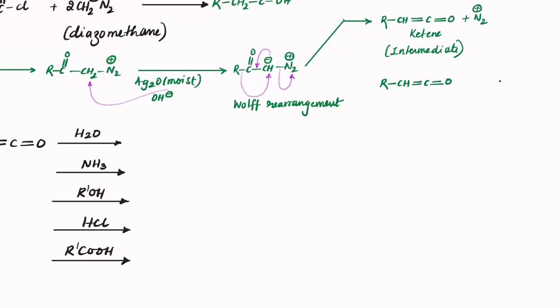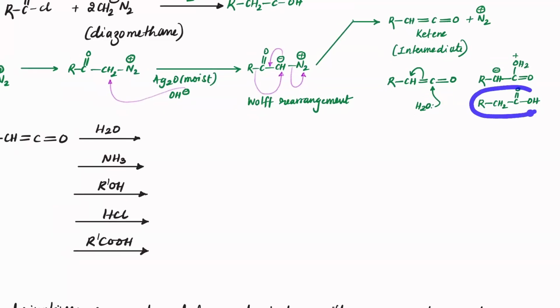C double bond O, and if you have water, H2O will attack here, minus charge will go here, and you'll get CH minus COH2 and double bond O, and that minus will take H plus, converting into RCH2, double bond O and OH. So I think you got an idea that this nucleophile will attack on the carbon. And see, if water attacks, you'll get acid. If ammonia attacks, you'll get amides and so on.